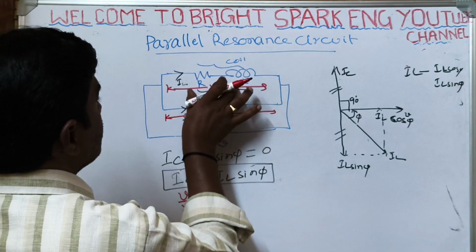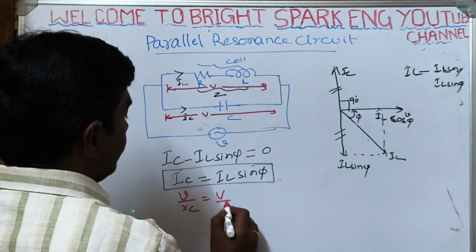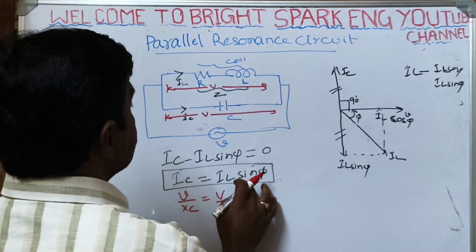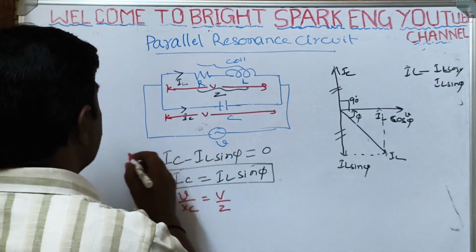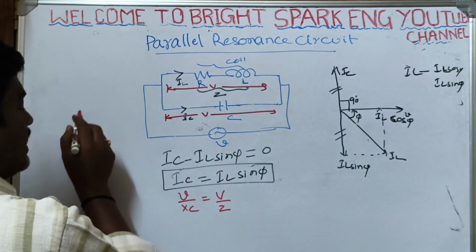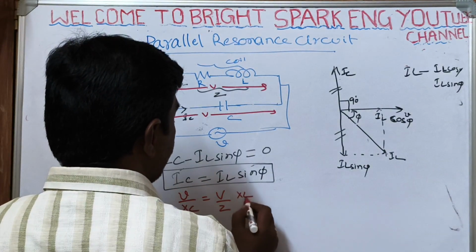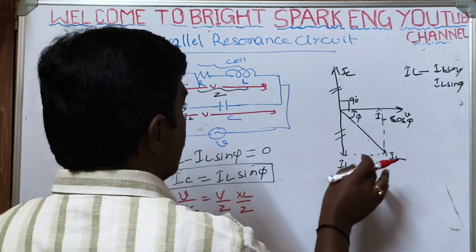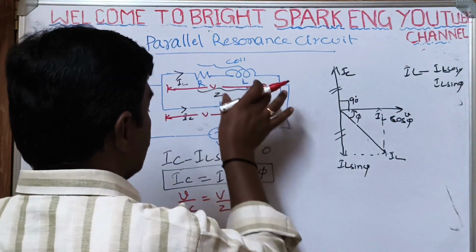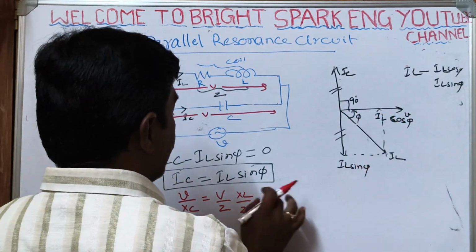Next, IL is equal to V by Z. Here, as for the impedance angle, sin phi is equal to XL by Z. As for this coil, sin phi is equal to XL by Z.